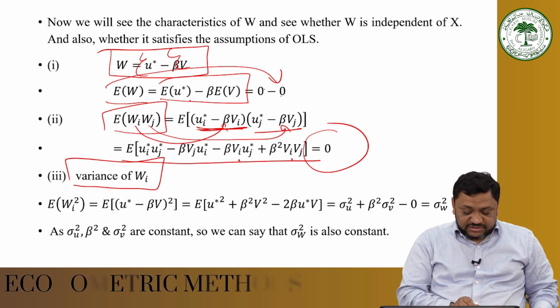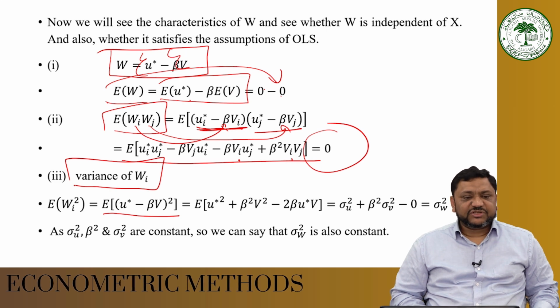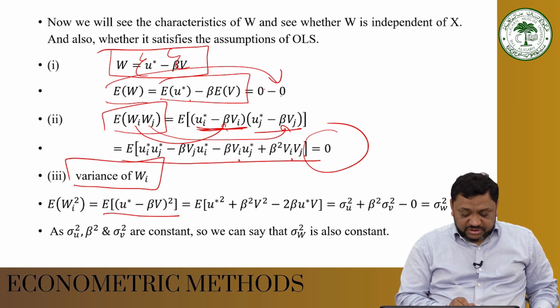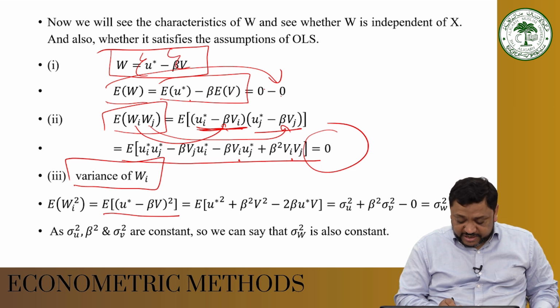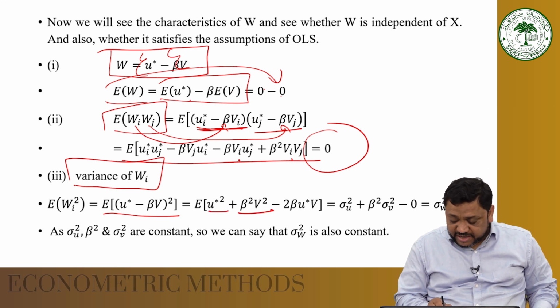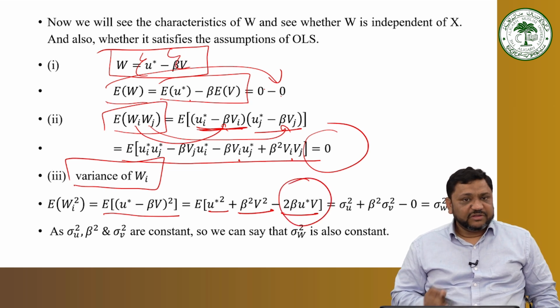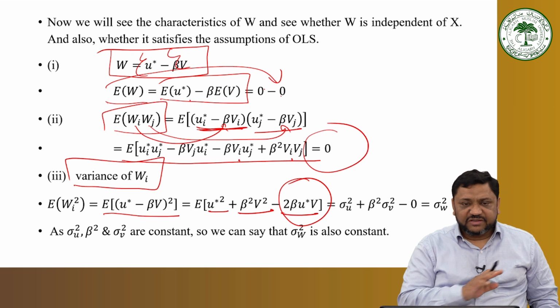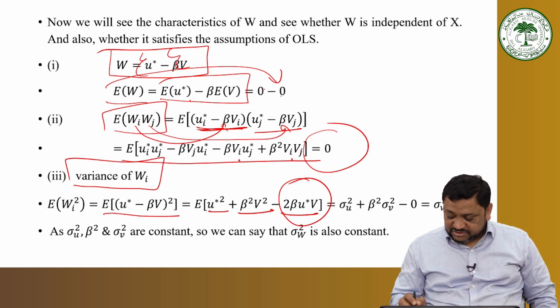Now we take the variance of Wi. The variance of Wi is nothing but the expectation of u asterisk minus beta v, whole square. Now this we can write in the format of a minus b whole square, so a square plus b square minus 2ab. Here in the cross term, u and v, we have made an assumption that there will be no relation between u and v. We discussed this in the start of this lecture.